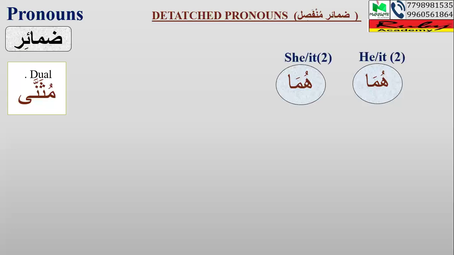Huma, he or it. I have written here, but you can use they as well. But in bracket, you need to consider two. If you want to point out two objects, you need to use he or it, that is huma, two, or we can say they, two. Again, the same for feminine, huma, she or it, or you can use here they, two.